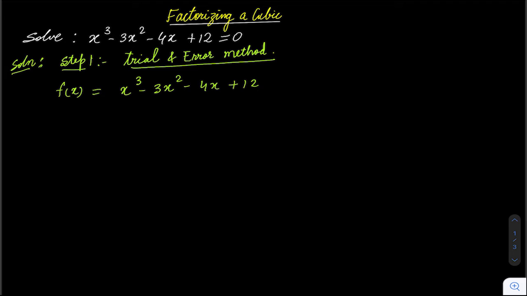So you start substituting values. Generally, we start from 0, then go for plus 1, minus 1, plus 2, minus 2, plus 3, minus 3, and we go on like this. In more than 99% of cases you will get one of the roots among these values. If not, then we might have to go into fractions like half and minus half. Mostly you will get one of the roots as this.